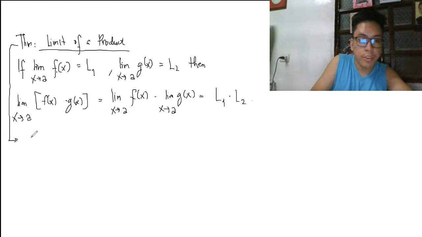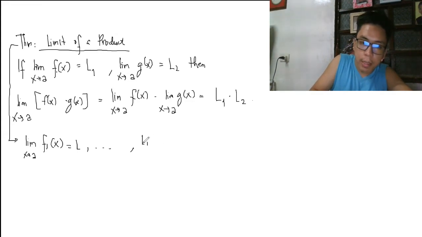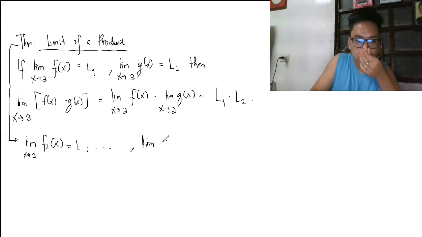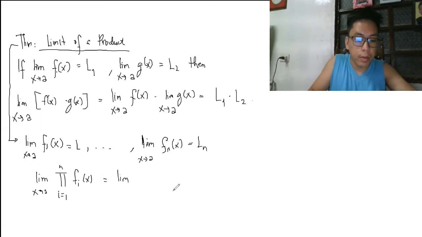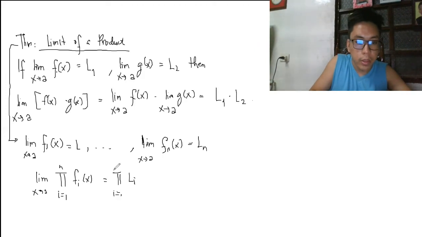So if you have the limit of f sub 1 of x as x approaches a is L1, and so on until the limit of f sub n of x as x approaches a is Ln, then the limit of the product of f sub i of x, i from 1 to n, as x approaches a, is basically the same as the product of L sub i, i from 1 to n.